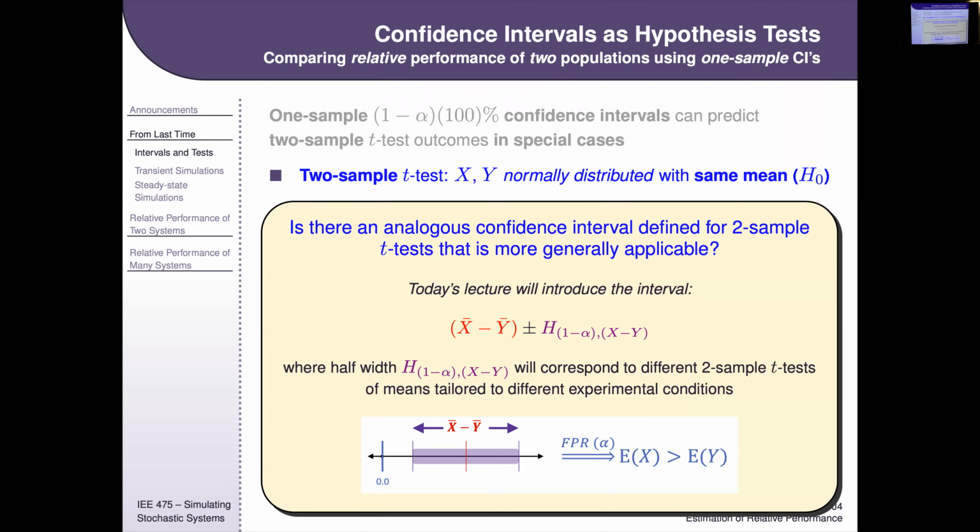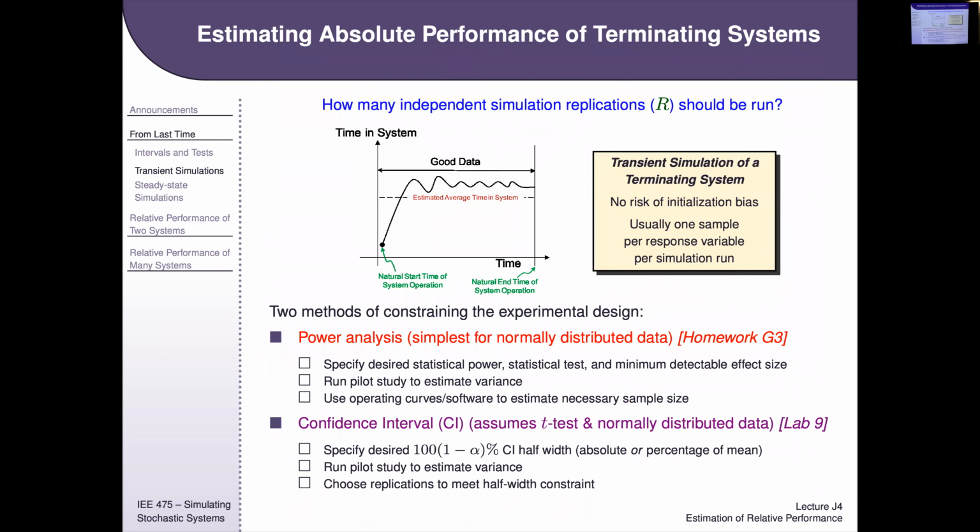Okay. All right, so far we've talked about transient simulations, and we need to figure out how many replications to run. We talked about, from homework G3, that you could use a formal power analysis, but oftentimes it's more convenient or quicker to use this kind of confidence interval approach instead, like we did in lab 9.